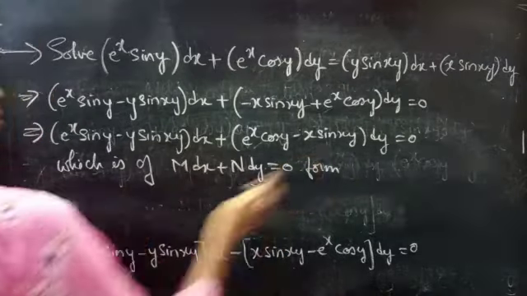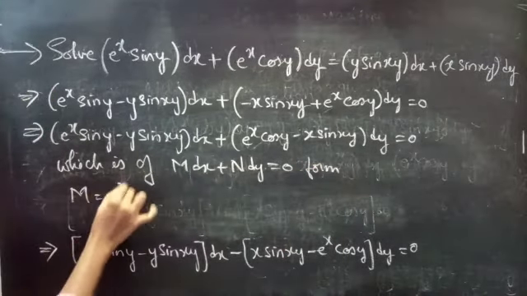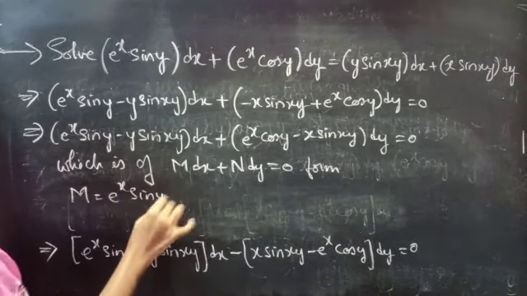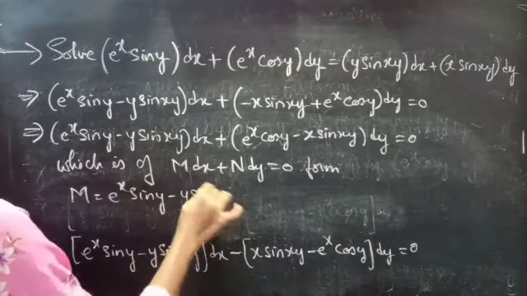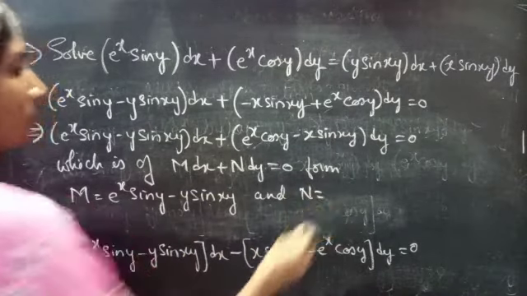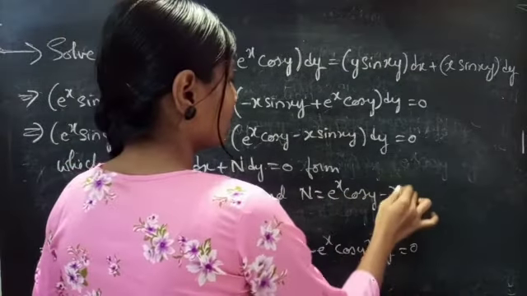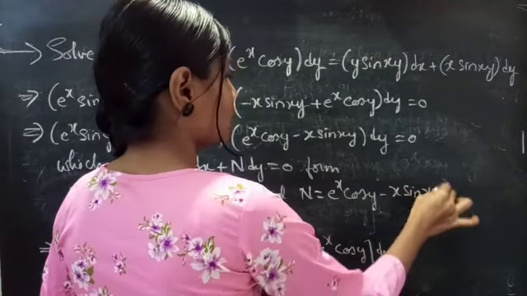So by comparing these two, we get M = e^x sin y − y sin(xy) and N = e^x cos y − x sin(xy).